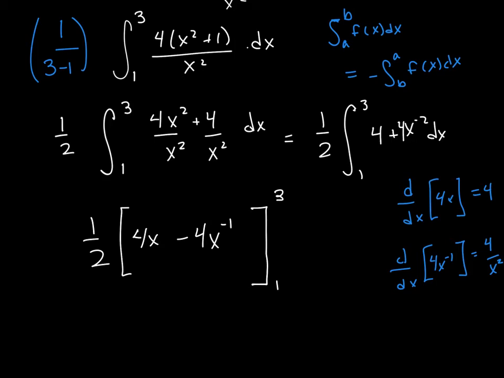Because the negatives would have to cancel out. So what would be the derivative over here? I would have negative 4x to the negative 1. The derivative tells me to subtract 1 from the exponent and then divide by what?